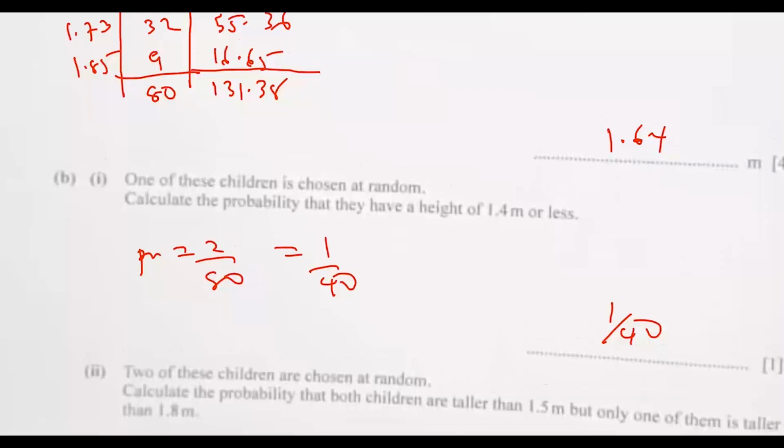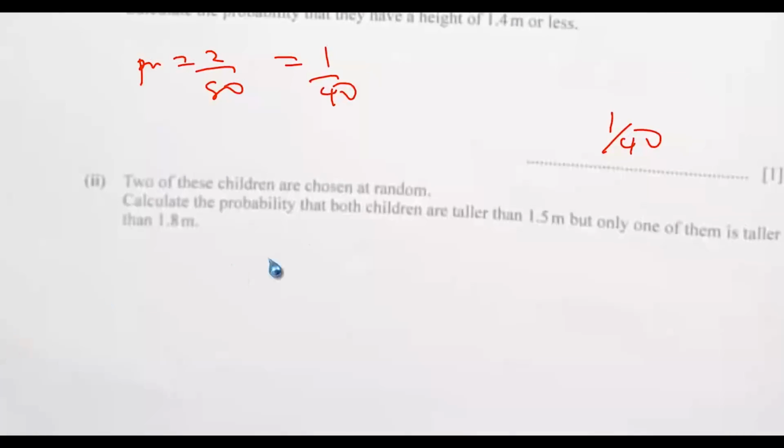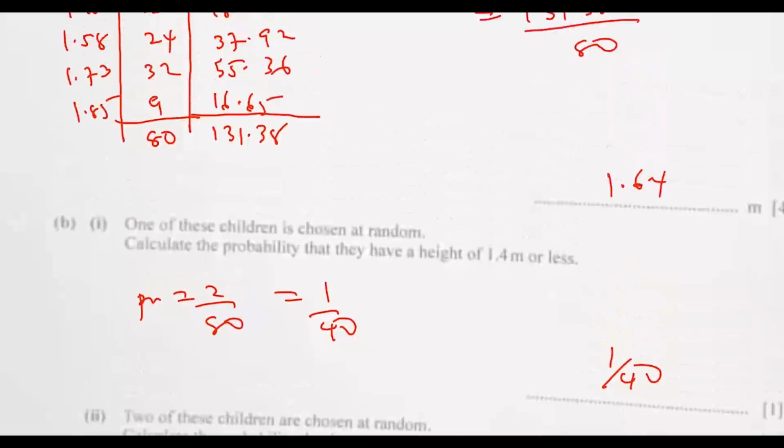Then let's scroll down for the Roman figure 2. Two of these children are chosen at random. Calculate the probability that both children are taller than 1.5 meter, but only one of them is taller than 1.8. Okay, so let's see the range.